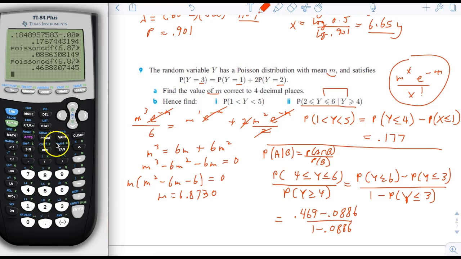So let's see. We're going to have y is less than or equal to 6, which is 0.469, minus y is less than or equal to 3, which is 0.0886, and we're going to divide it by 1 minus 0.0886.